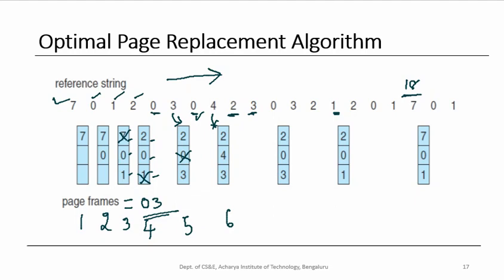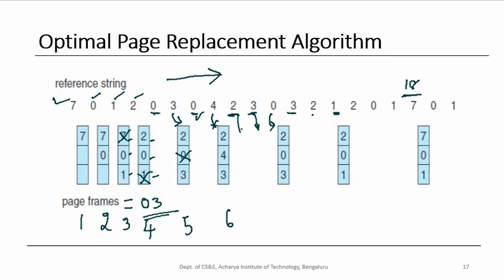Now 2 is there in the main memory, so there will not be any page fault, and 3 is also there in the memory, so there will not be any page fault. Now when the request for 0 comes, we don't have any free frame, we have to replace one of the pages. Now which page to replace? After this there is a request for 3, so obviously we cannot replace 3.